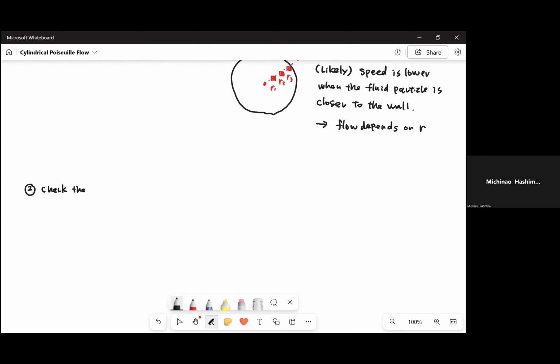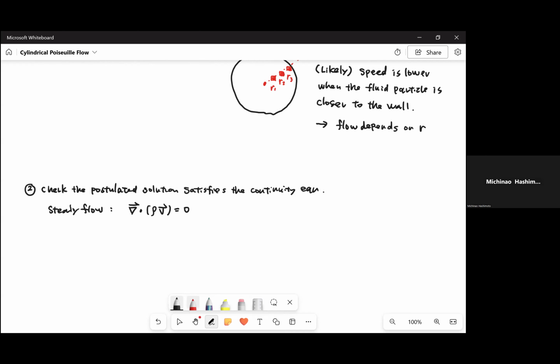Check that the postulated solution satisfies the continuity equation. In this case, for a steady flow, the continuity equation is nabla dot rho v equals 0.